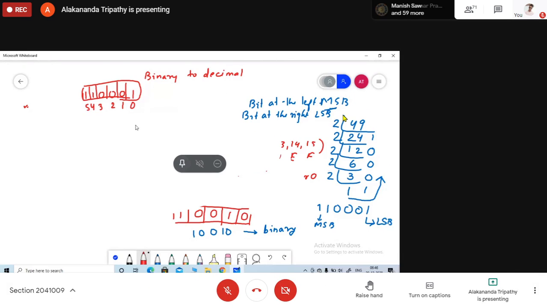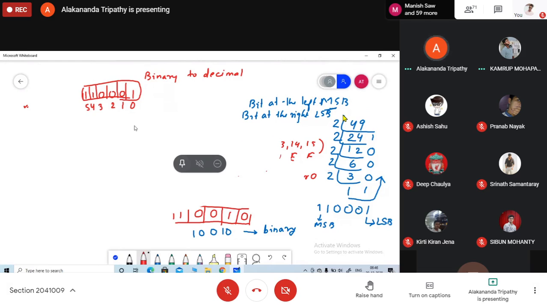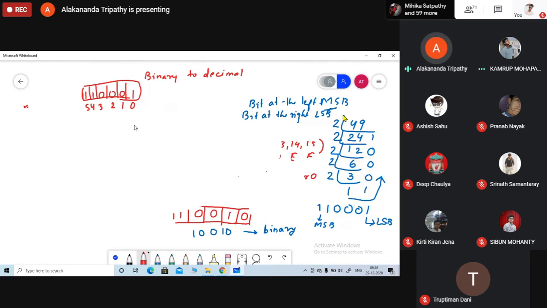So once I put the numbers, I need to compute it. How are you going to do the computation part? In order to do it, we are going to multiply each number with 2 to the power of its index value. So here, what is the number? 1. So 1 will be multiplied by 2 to the power 0. Plus, here 0 into 2 to the power 1.